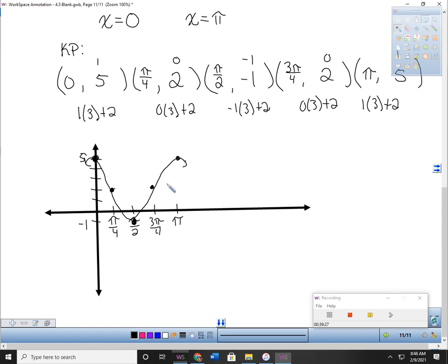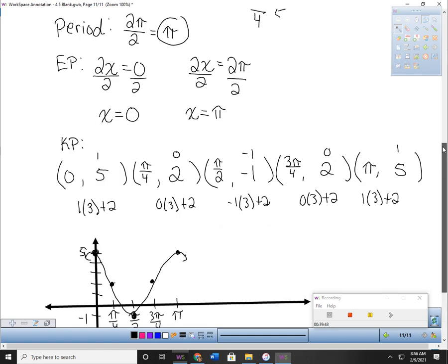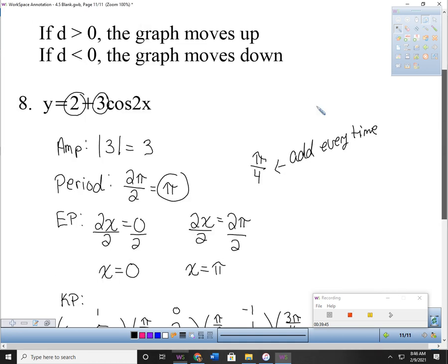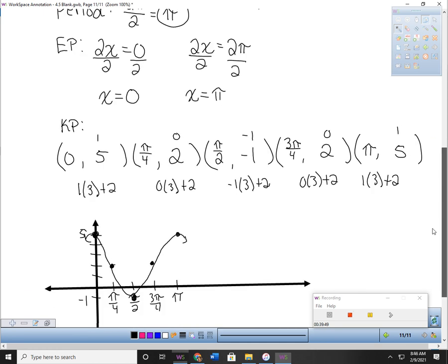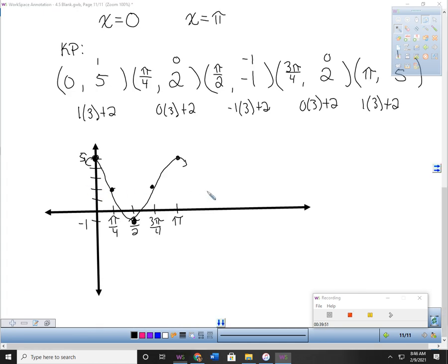So I just want to point out, where you have these two, that's like your center, right? Correct? These two dots right here. This would represent like your baseline, correct? It has been moved up 2, right? Normally it's at 0, but now it's at 2.